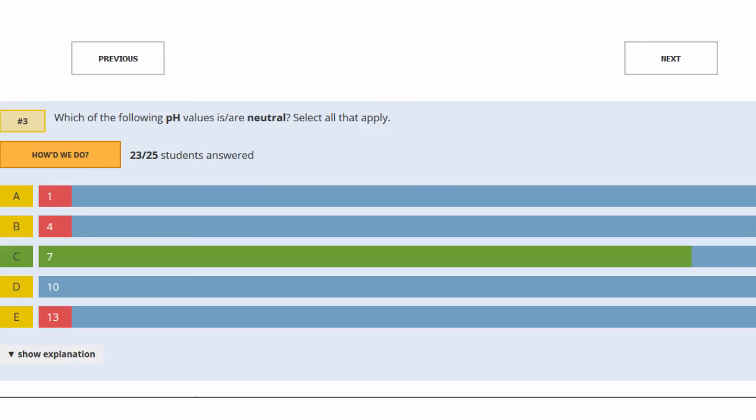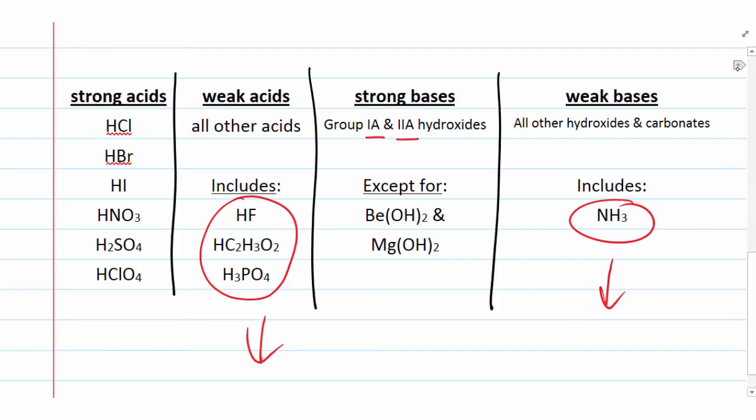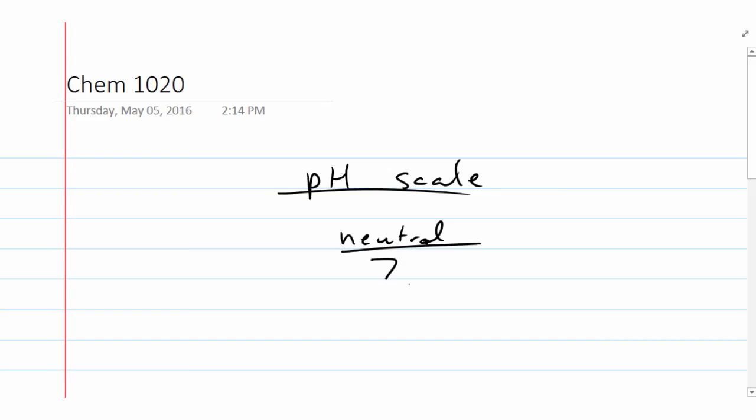So now, whether you got this right or not, let's go ahead and start writing down some of this information. We have a pH scale, and on that pH scale, neutral sits right here in the middle, and neutral is a pH of 7. On the basic side and the acidic side, let's see what we came up with on our next answers.